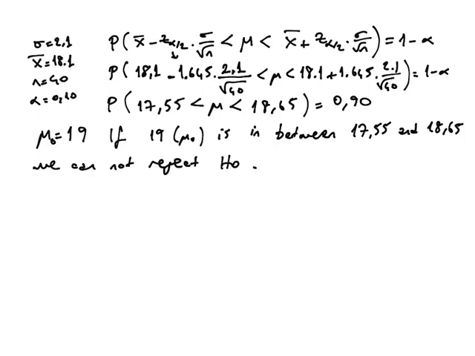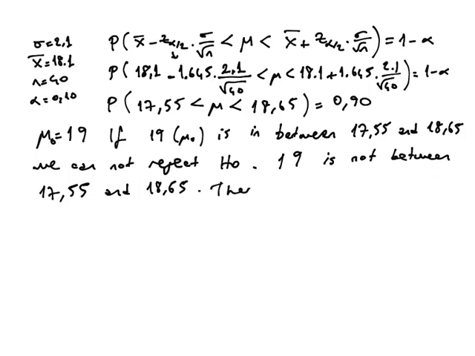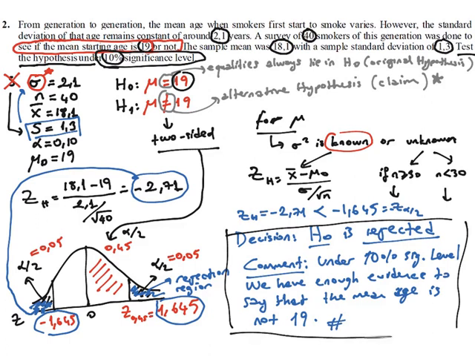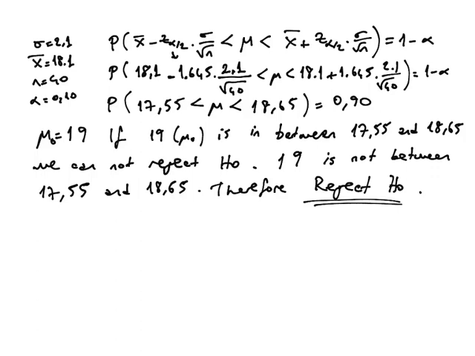But as you can see, 19 is not between these values. Therefore, the same result: reject H0. Okay, so the same result is valid like here when you use the confidence interval formula. So this exercise ends in here. Thank you for listening.